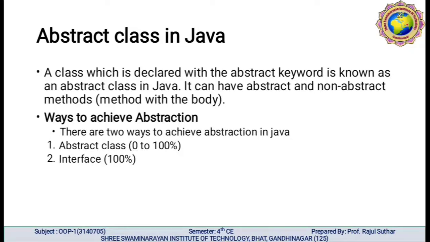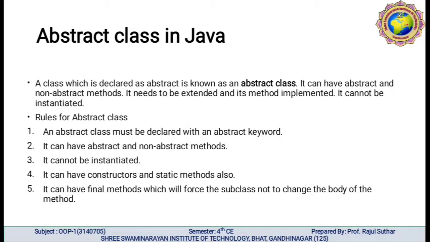The first one is abstract class and the second is interface. An abstract class in Java is a class which is declared as abstract. It can have abstract and non-abstract methods, we are all familiar. It needs to be extended and its methods implemented; it cannot be instantiated.